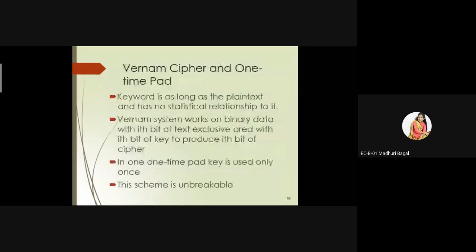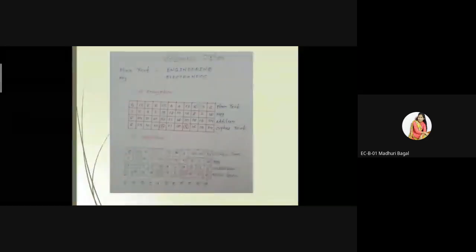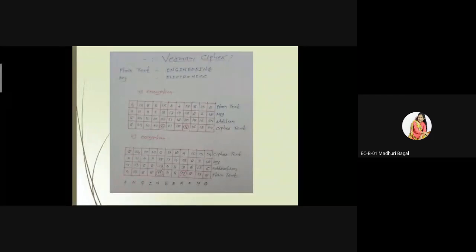And the last one is the Vernam cipher. Along with one example, we can describe the concept of the Vernam cipher. This algorithm is easy for encryption as well as decryption. In this algorithm also we use the plain text as well as the key.